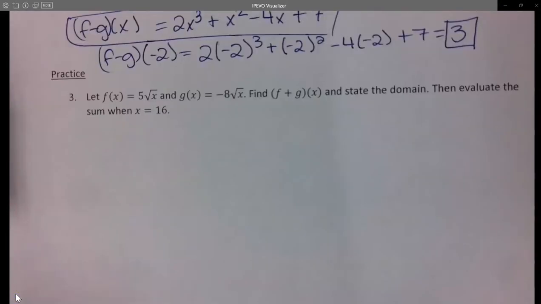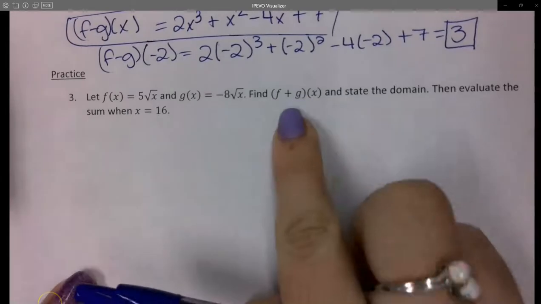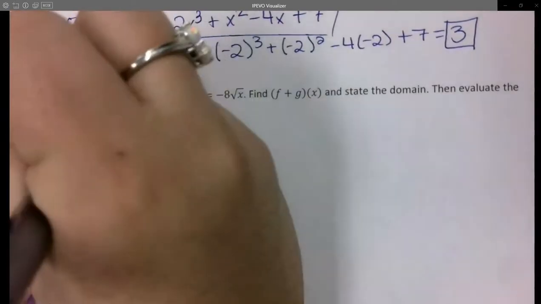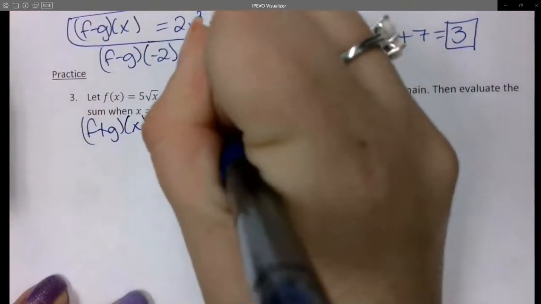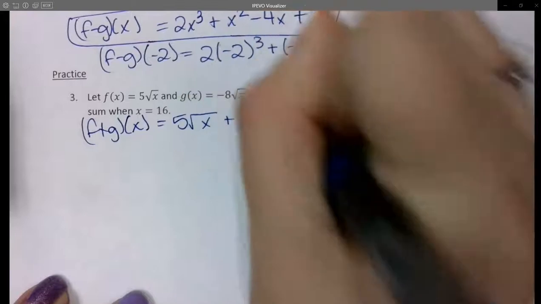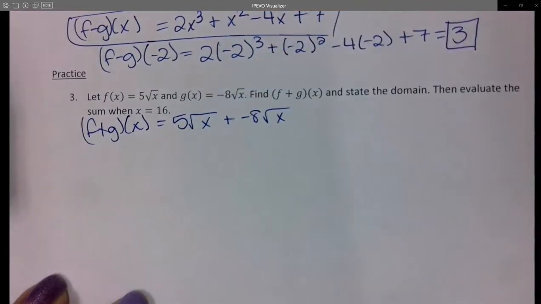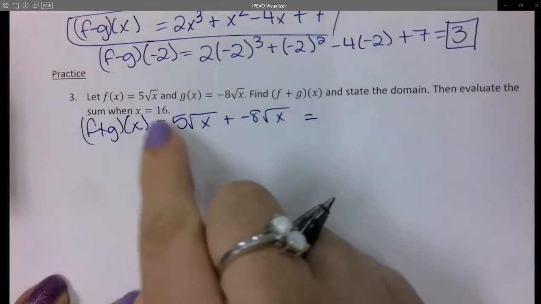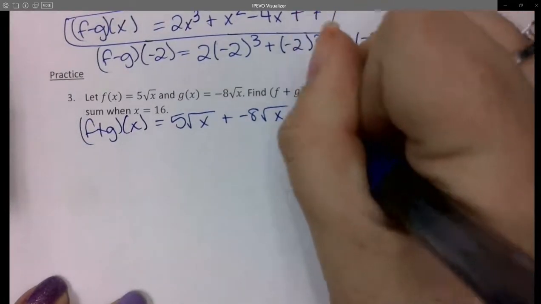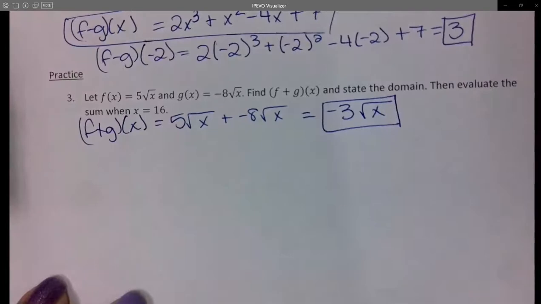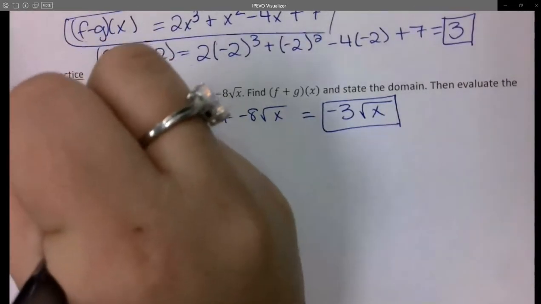Okay, so on number 3, this one is an adding one because it has the plus in the middle. So I want to add my two functions together. Because they both have the square root of x, I can combine the outside numbers. So 5 minus 8 gives me negative 3. Then this one wants me to evaluate when x equals 16.